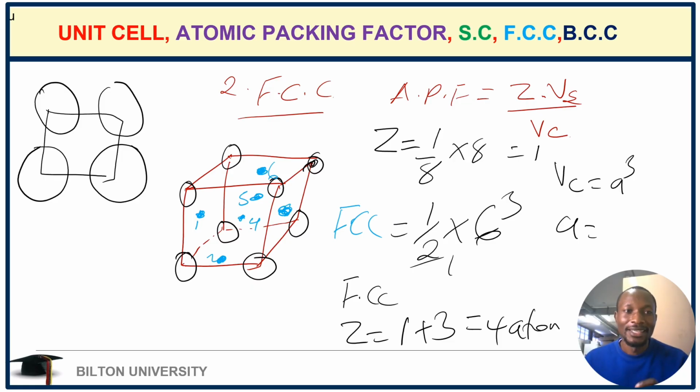In F.C.C, these atoms at the corners do not touch each other, unlike the one we saw in the simple cube. And this is one face, and in one face there's one atom present, and this atom touches the 4 atoms. So as you can see, none of the 2 atoms on each edge touch each other, and therefore we cannot say that our edge length is R plus R in this case, because these 2 atoms do not touch each other.